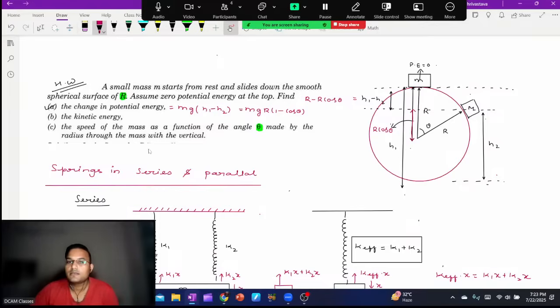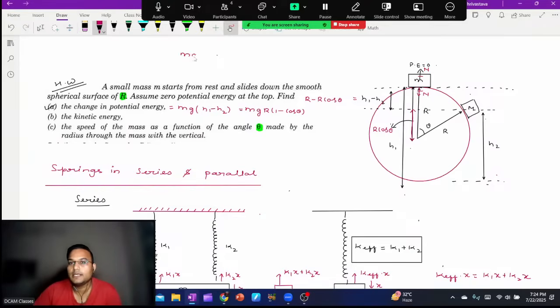Normal reaction is there, but this normal reaction will get cancelled because on here also normal reaction will be acting, so they will cancel each other. So normal reaction won't do any work, and there is no friction also. So total energy we can conserve.